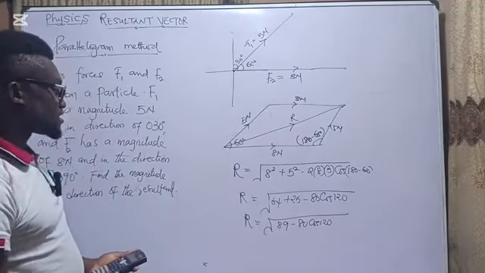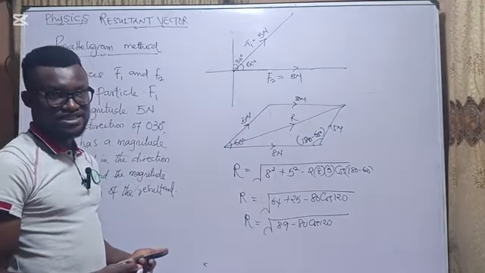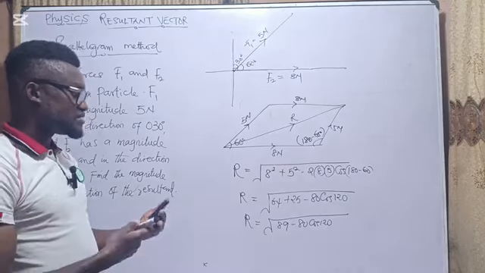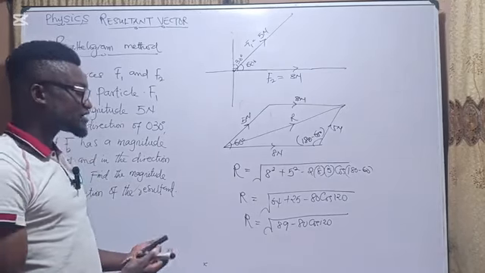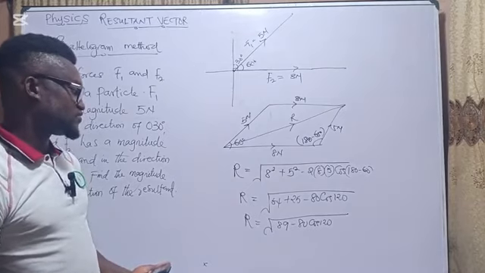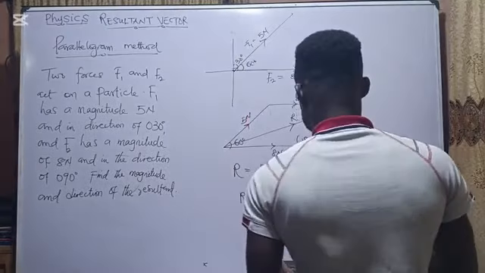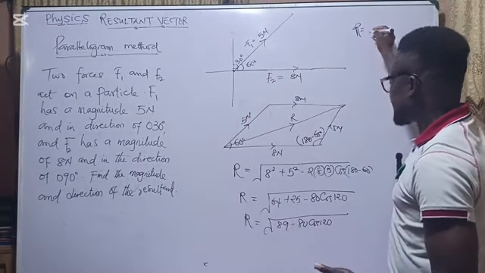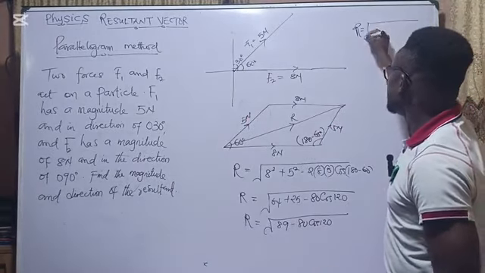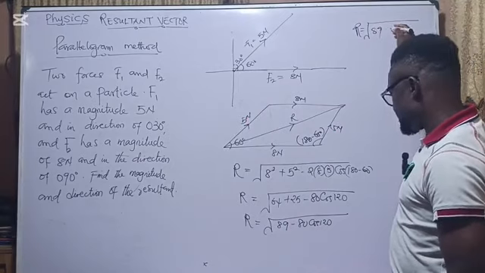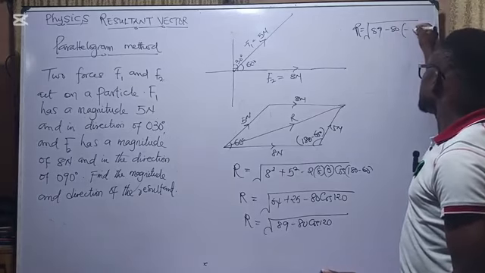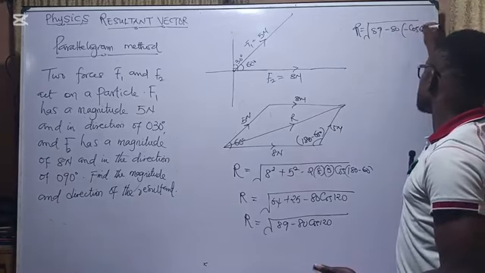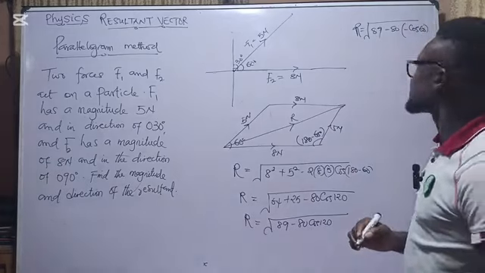Now, this cos 120 is the same thing as minus cos 60 degrees. As in, you can bring it back to the first quadrant. So 89 minus 80 cos 120 is the same thing as 89 minus, minus cos 60 degrees.